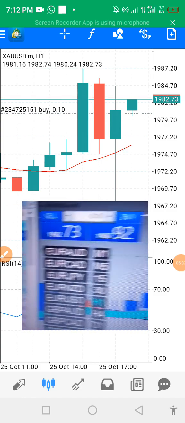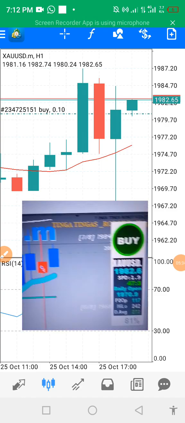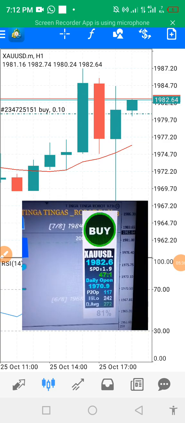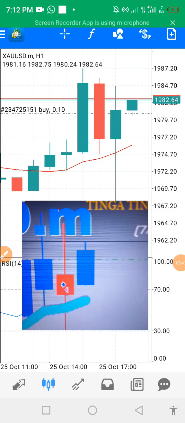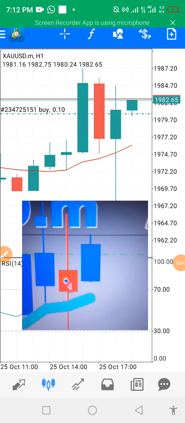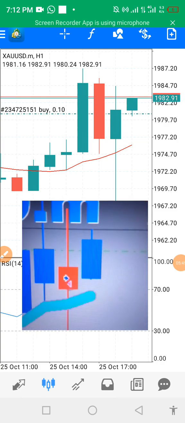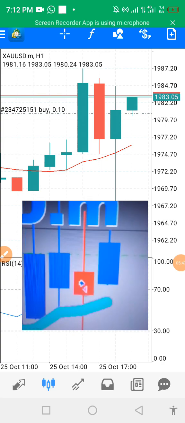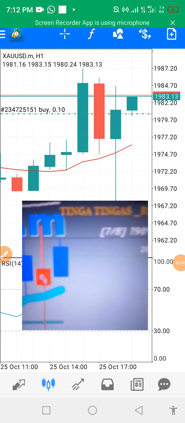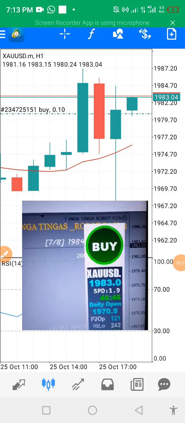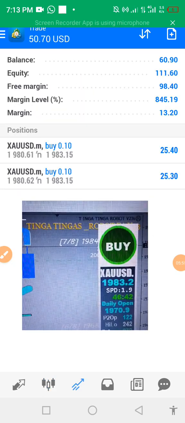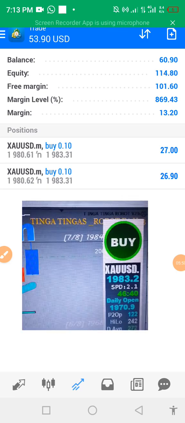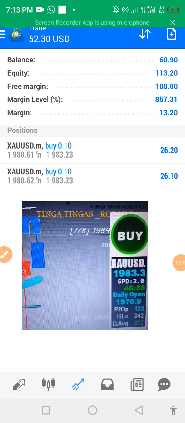The robot has done the analysis and tells us what's going to happen, and it also tells us you are going to buy like that one. So as you can see, everything is just like that. Yeah, so let's see the profit. We are almost 50.